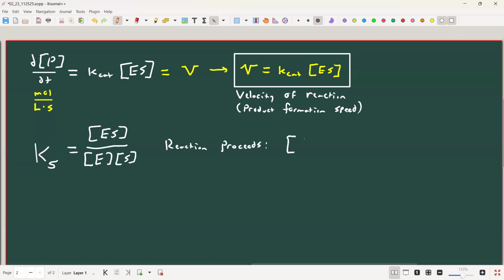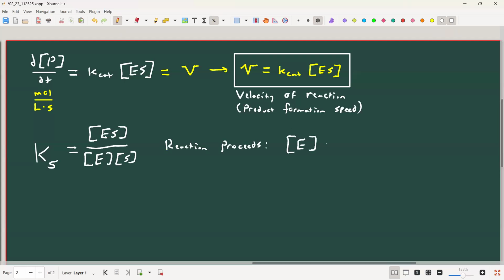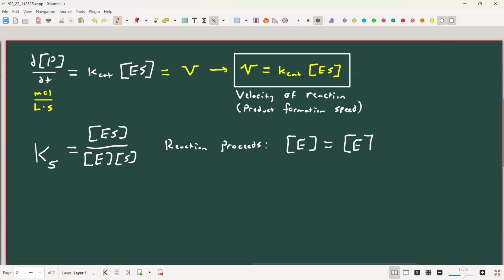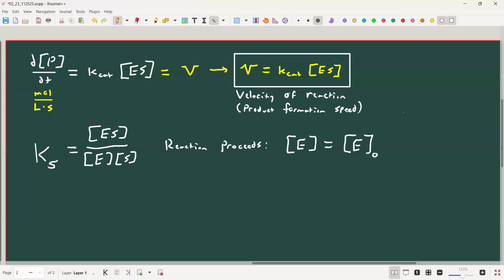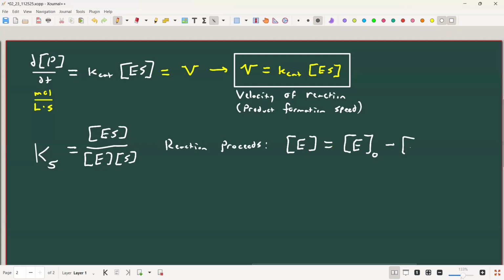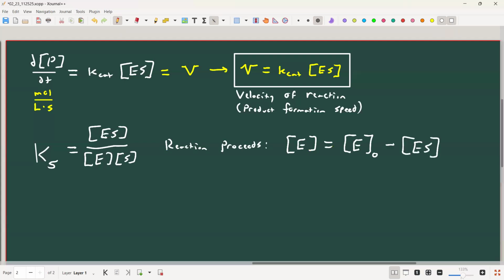Well, the current concentration of E at any point, the enzyme, is the original concentration of the enzyme, E naught, minus the amount of complex there is. So if you have a mole of enzyme in your mixture, and half of them are bound to S, then you're left with half a mole. So we have some initial concentration.